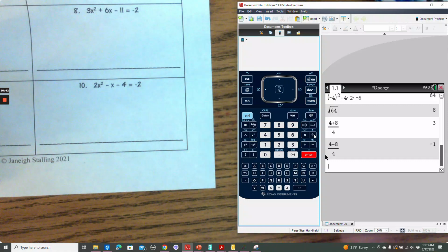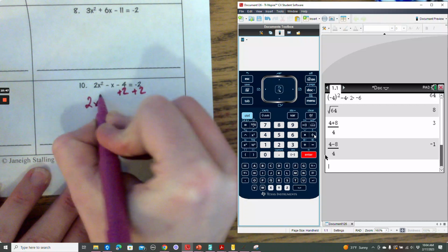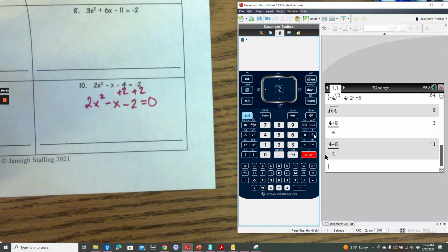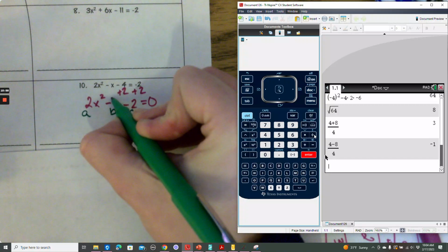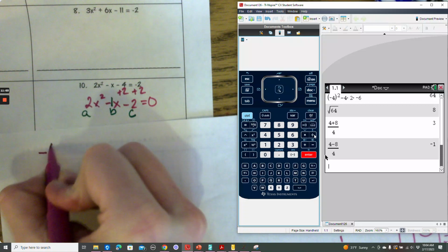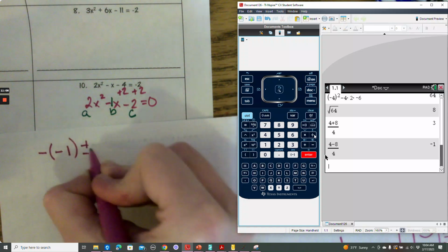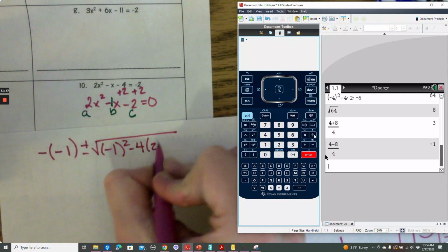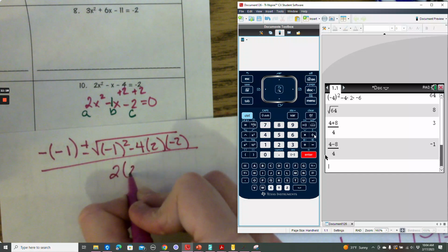All right, 10. So if we add 2 to both sides, we've got 2x squared minus x minus 2 equals 0. So this is A, this is B, this is C. Remember, this is a 1 here, so it's a -1. All right, negative B. So -1 plus or minus the square root of b squared minus 4 times a times c, divided by 2a.